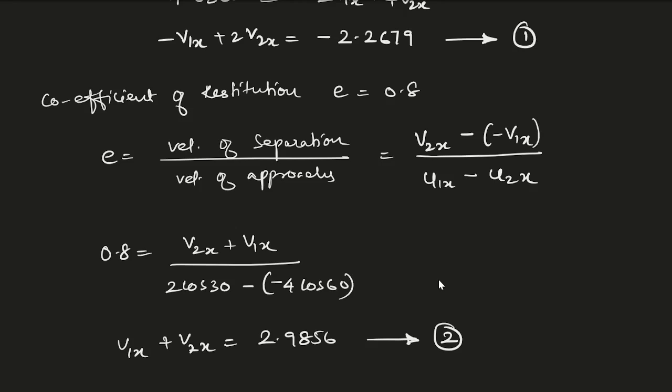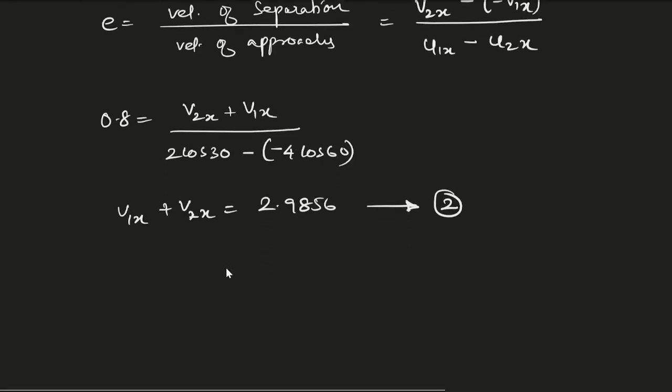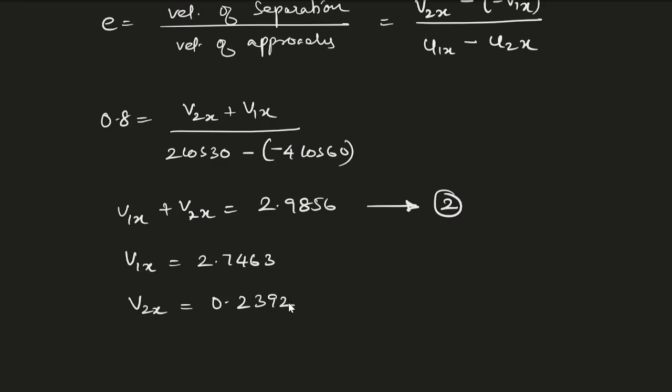If we solve, v1x equal to 2.7463 and v2x equal to 0.2392 meter per second. So we found one component of the after-collision velocity, that is v1x and v2x.